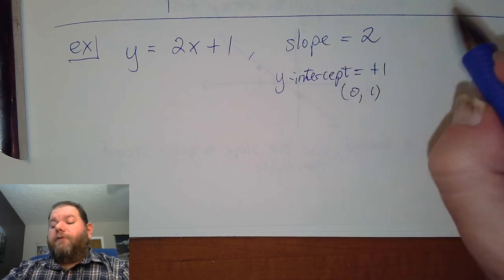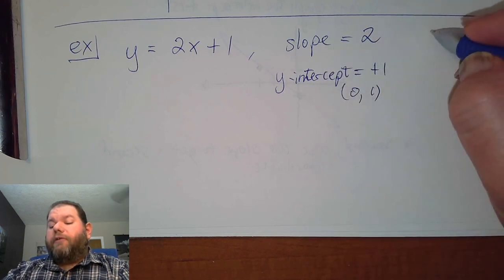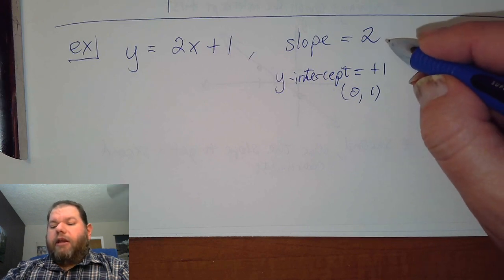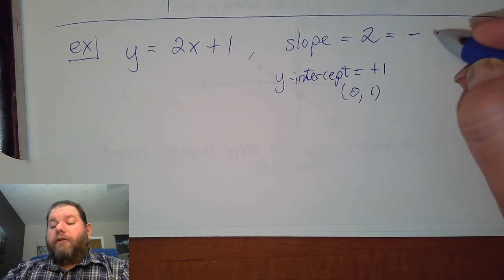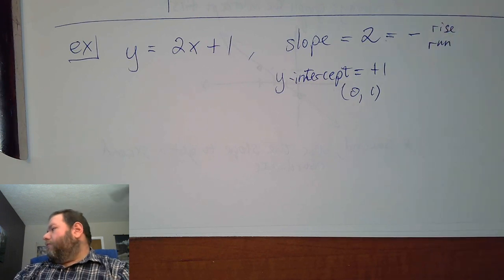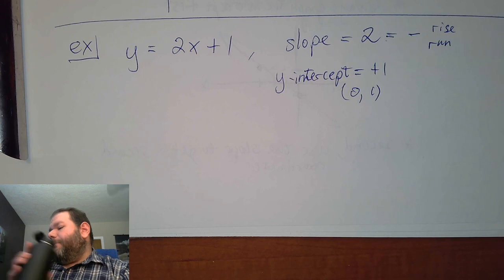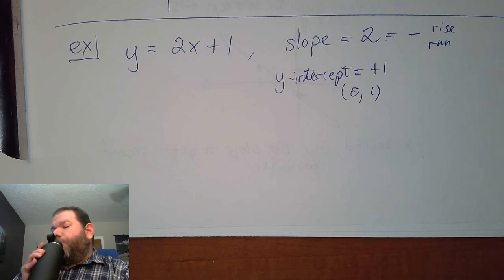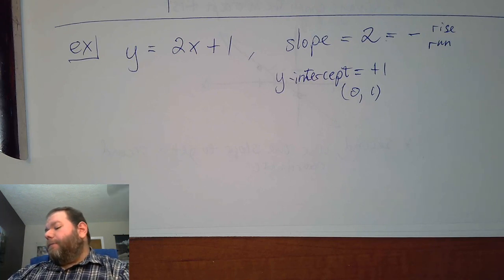But if our slope is 2, how are we going to get rise over run out of that? Can we express 2 as a fraction? What would 2 be as a fraction?